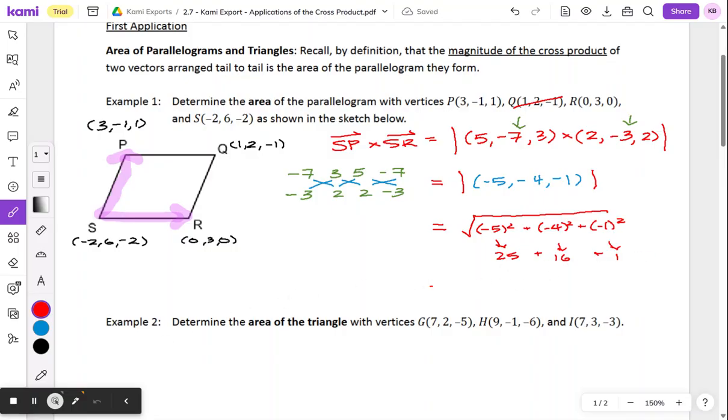I'm going to add all those together, and I'm going to get the square root of 42. You could leave it like that, but I'm going to put it to one decimal, so it's going to be 6.5. And then don't forget your units. The units are going to be square units, or you can write units squared, because we're talking about area.